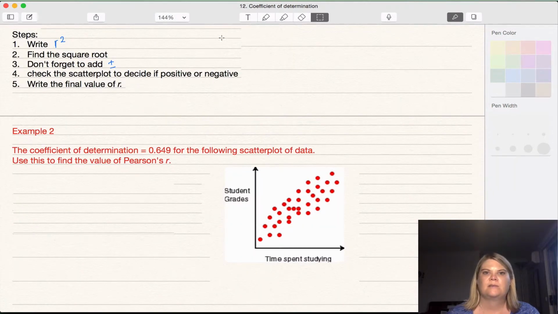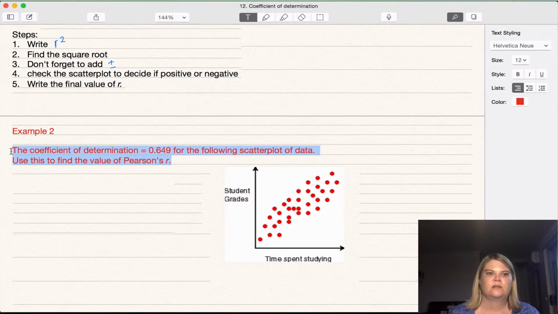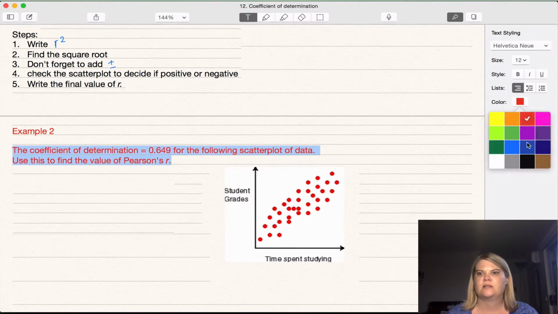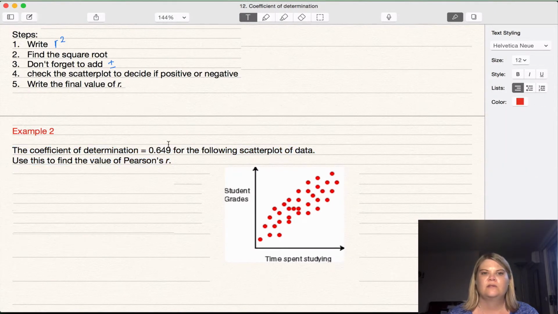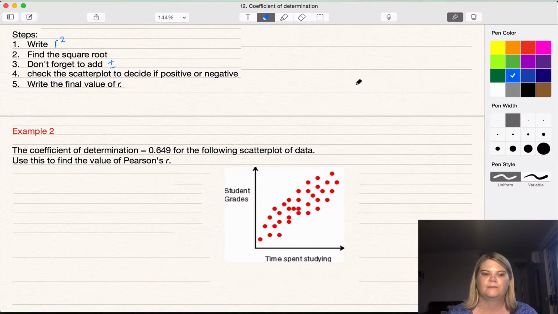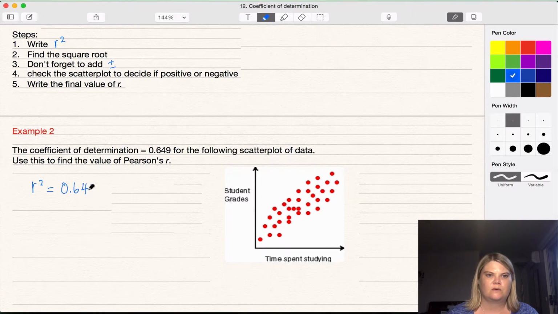And here's an example of how we might use these steps. The coefficient of determination equals 0.649 for the following scatter plot of data. Use this to find the value of Pearson's r. First step, write out r squared. R squared equals 0.649.